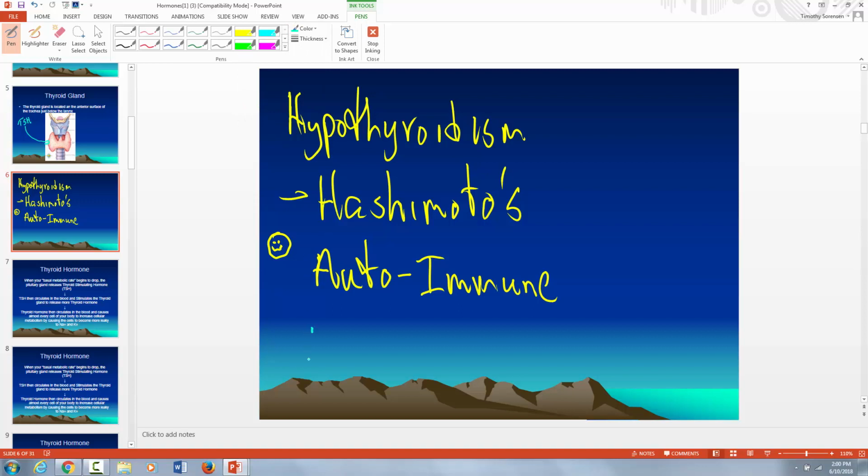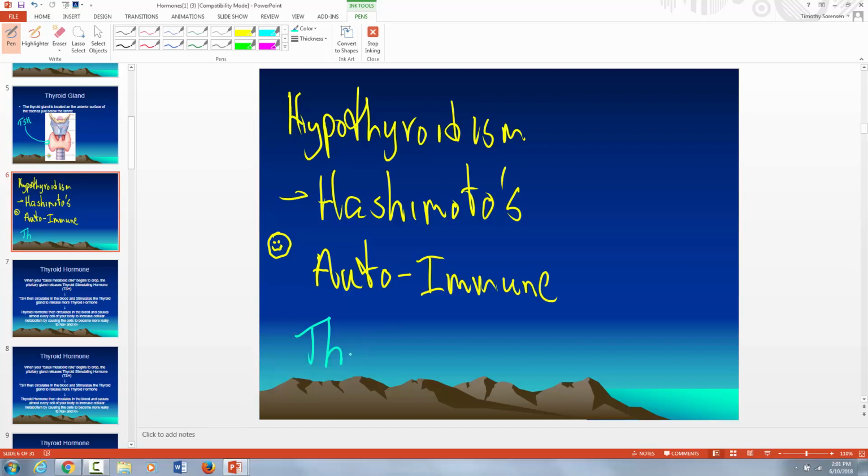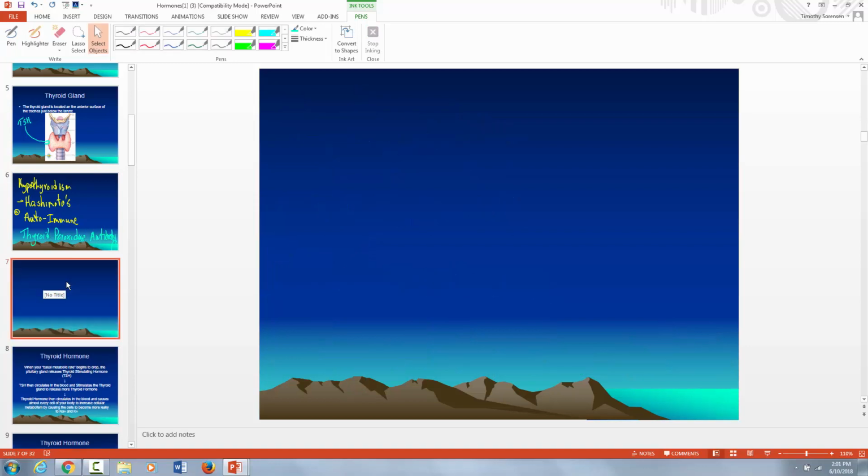And that antibody is called the thyroid peroxidase antibody. And basically what happens is that antibody attacks and destroys TSH receptors.